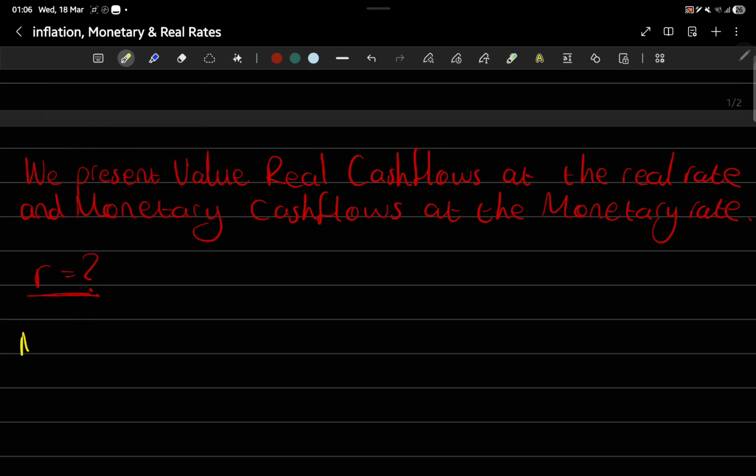The method is, so given monetary cash flows, this is an oversimplification, by the way. There will be little nuances here and there that you'll have to account for, but generally this is the method.